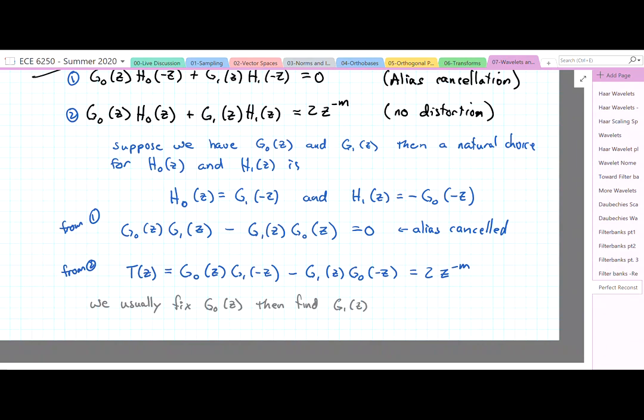I will say that one of the ways that the Gs are often designed is based on some transform, like the cosine transform, to make it easier to both compute and to come up with coefficients that have properties that are kind of easily comprehended and understood. So, perfect reconstruction filter banks. It's a deep rabbit hole, but those are the basic concepts.